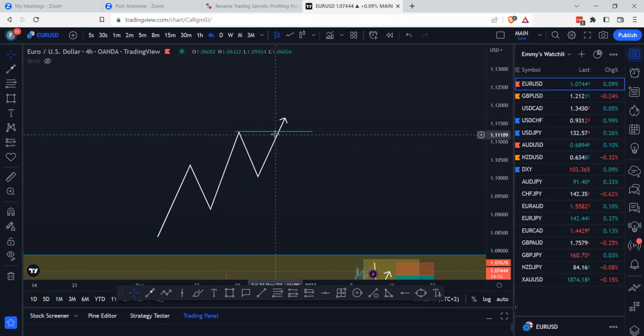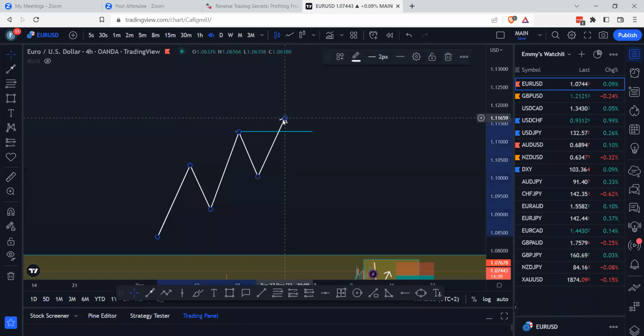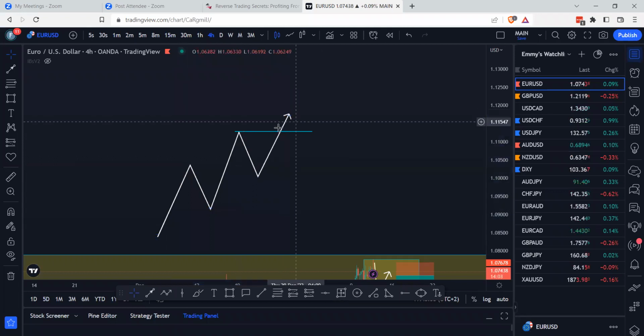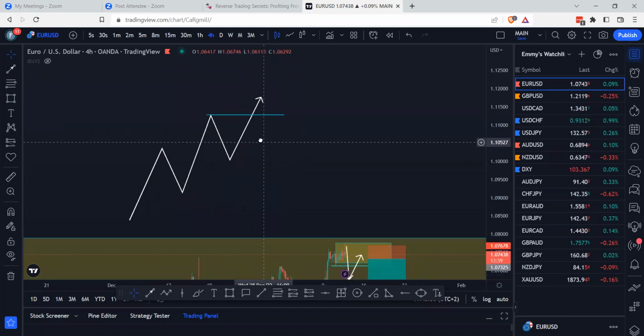I don't consider that a break of structure. All right. So for me, a valid break of structure is if we see a break of a previous high and then the body of the candle closes above this zone. Okay, that's a BOS for me.